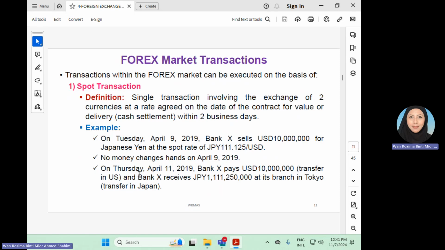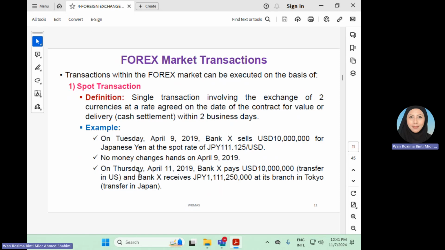$1 is equivalent to 111.125 Japanese yen. But now you have 10 million USD, so you have to exchange. So no money changes hands on April 9, 2019.